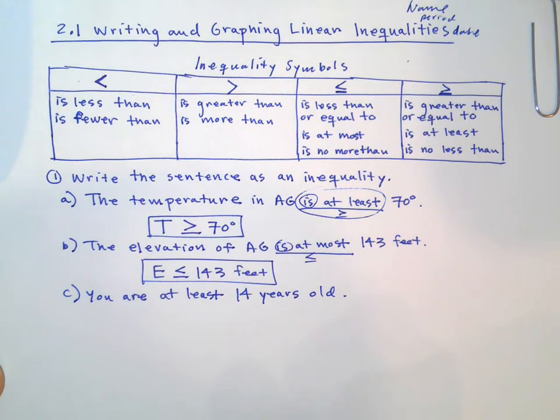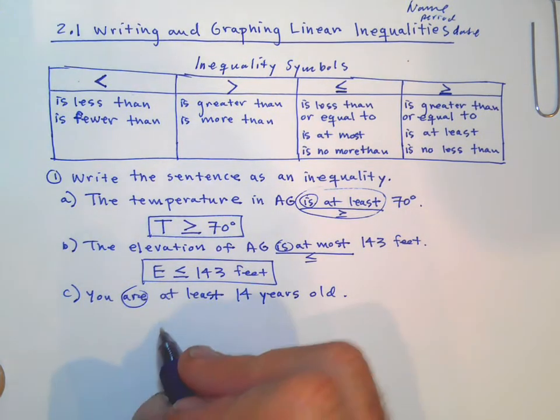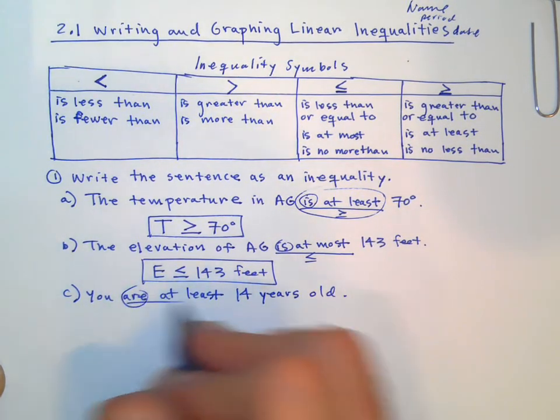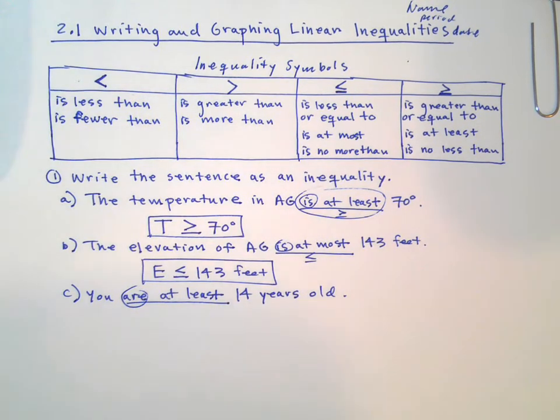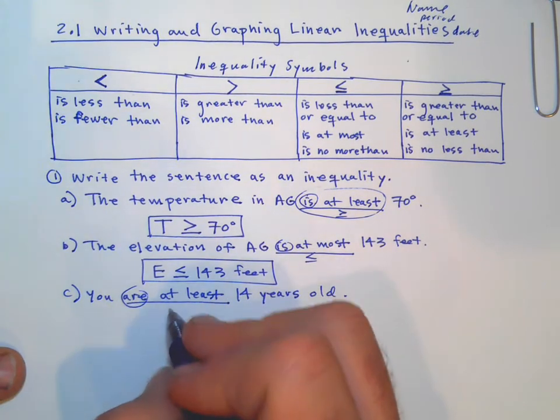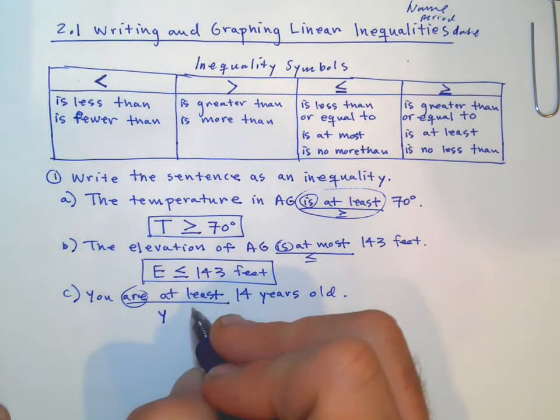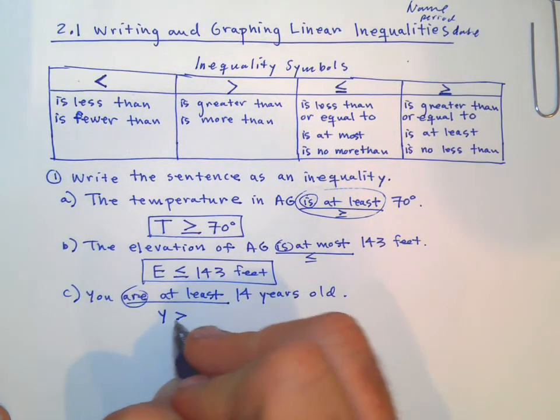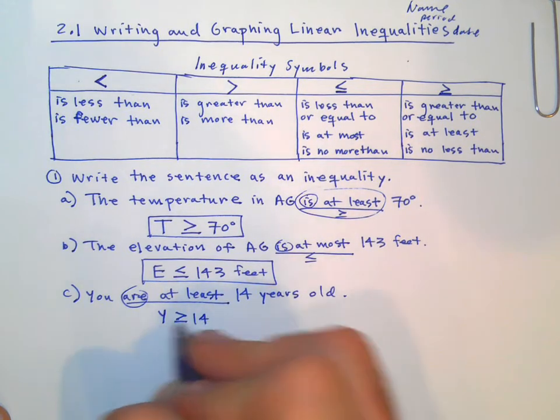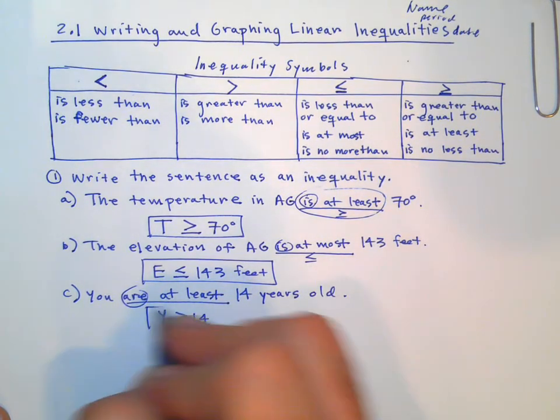Now, the keyword is isn't here, but are. At least. Okay, so if you're at least 14, does that mean you're older than 14 or younger than 14? Possibly older than 14, but you could also be 14. So we could do Y for you, greater than or equal to 14. Could be more than 14 or equal to 14.